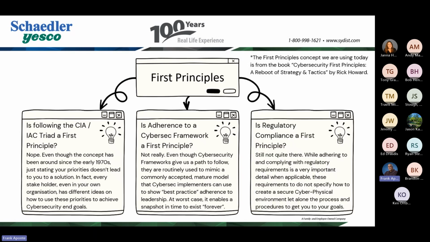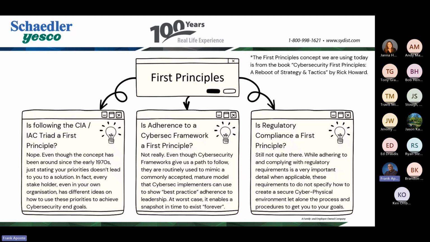The other question we get sometimes is, is regulatory compliance a first principle? Close, but not quite. Adhering to and complying with regulatory requirements is very important to do, especially if you're a utility, or in life sciences and pharma, or food and beverage, where you have municipal or federal guidelines and compliance regulations to adhere to.